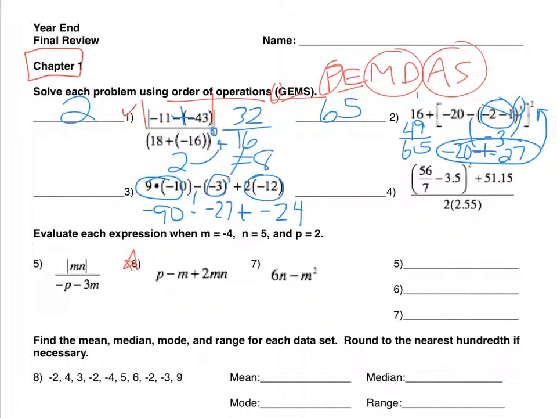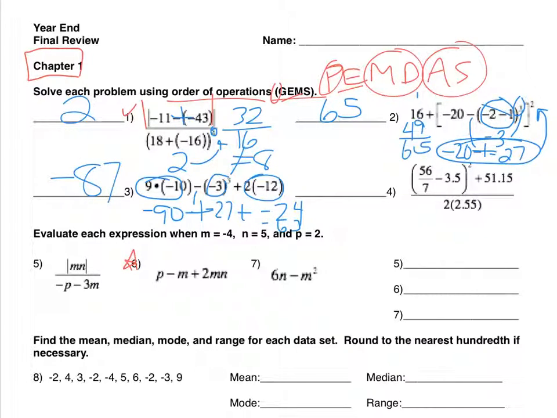So what I have left here is negative 90 plus 27, which would be a negative 63. And so a negative 63 plus another negative 24 is a negative 87.